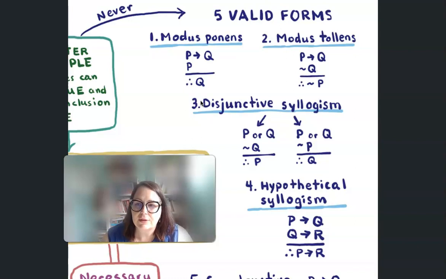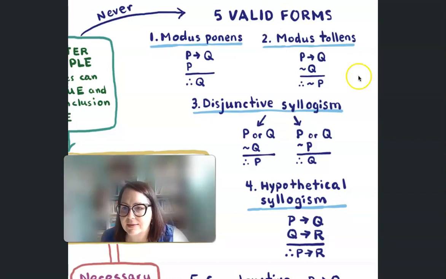So modus tollens does something similar. If P then Q, it's the same first premise, but we have not Q. And so that's the consequent, right? The second part of this sentence here is the consequent.